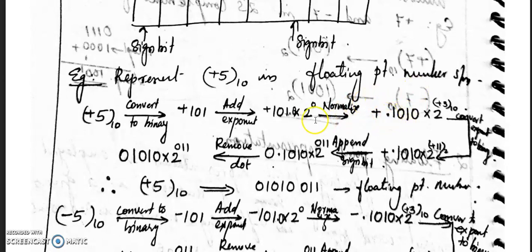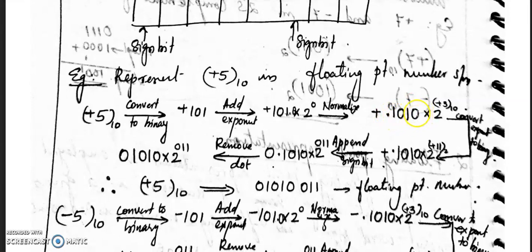Normalize means you have to get all the values after the point. So we shift the point to the left. How many bits came after the point? 101.